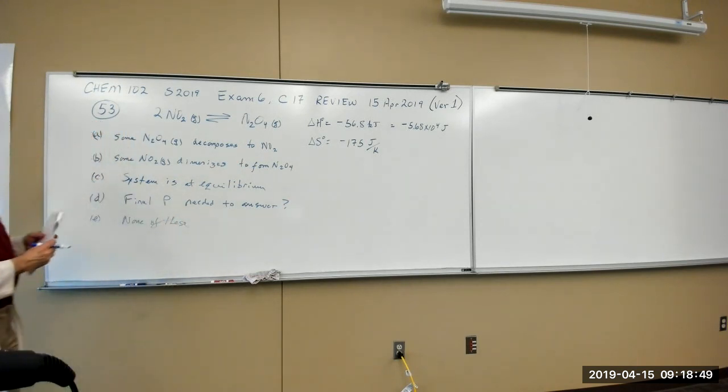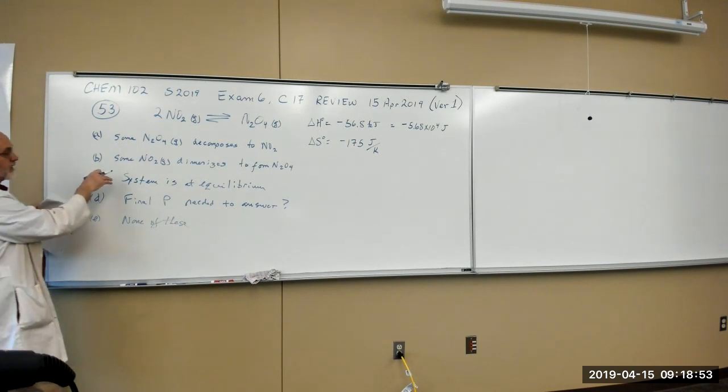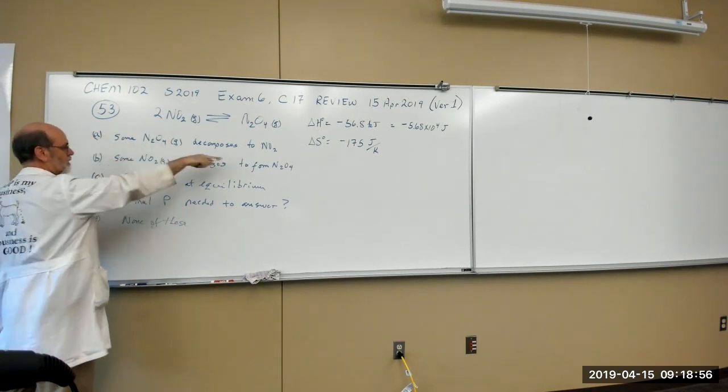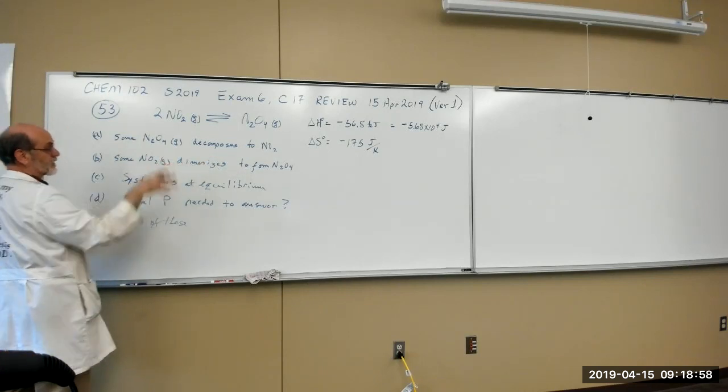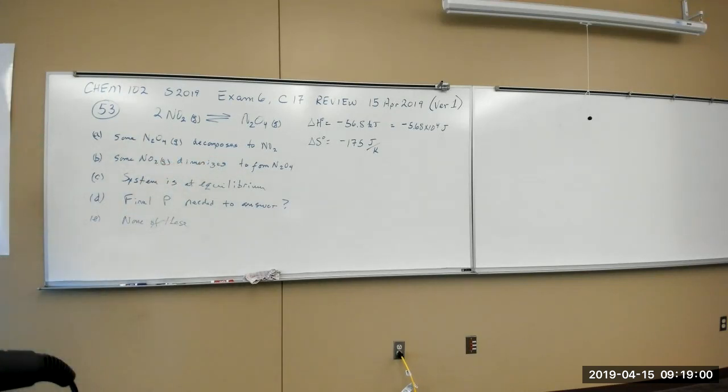Okay, so if we want to know which direction the reaction is going, which is what this is saying, is it going this way? Is it going that way? Or is it sitting still? The way to answer that question is find out what Q is.